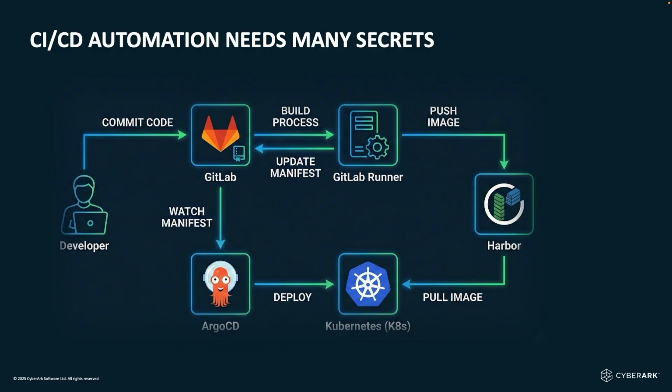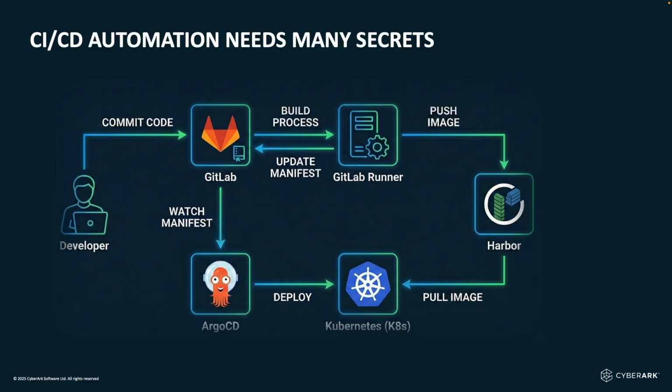To do that, ArgoCD will need to connect to GitLab and do the deployment on Kubernetes. When doing the deployment, Kubernetes will need to pull the secret from the repository, which is Harbor in this case, and use that image to deploy the application.